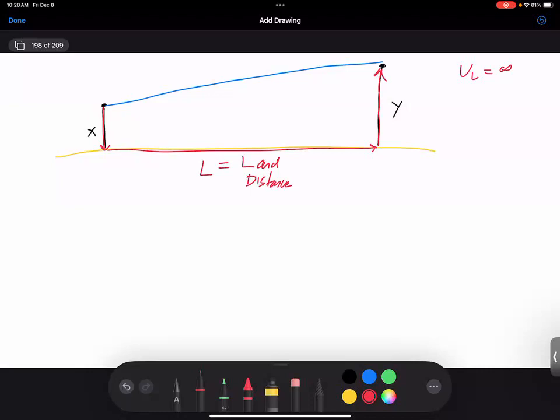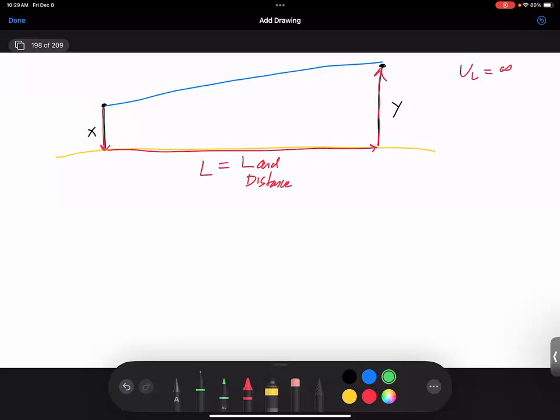Yeah, so if L is the land distance, what is the blue line's length? How would we figure that out? So square root of what? Well, what do you use to figure out the blue line? Give me a shape to use to get the blue line.